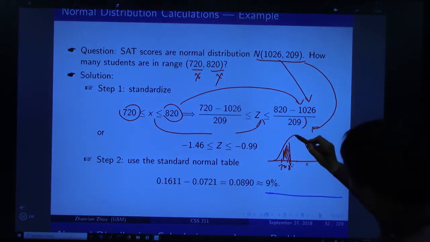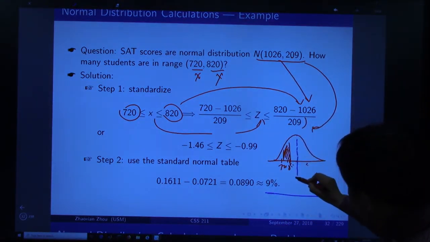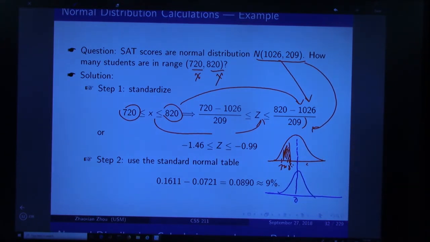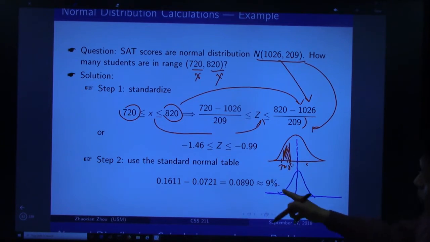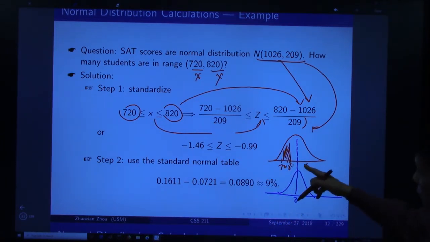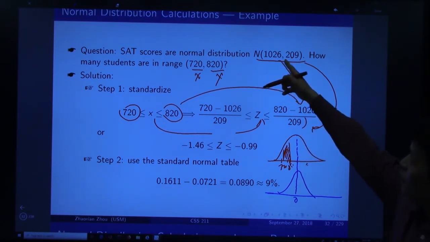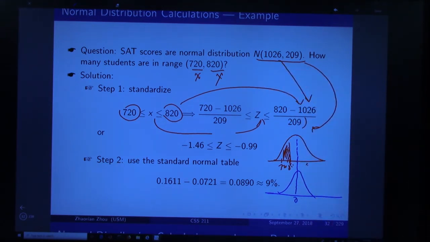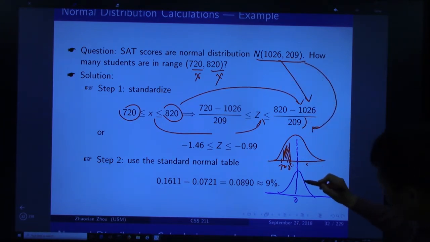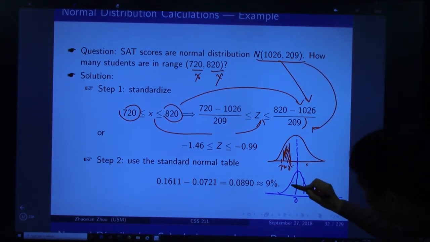After the standardization, the mean changes from 1026 into 0, and the standard deviation changes from 209 into 1. So this is one standard deviation.